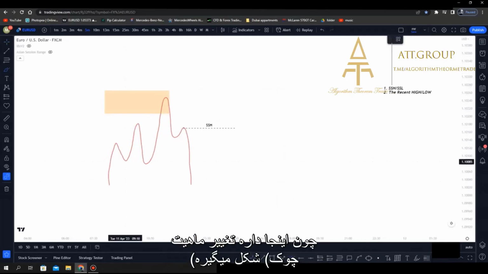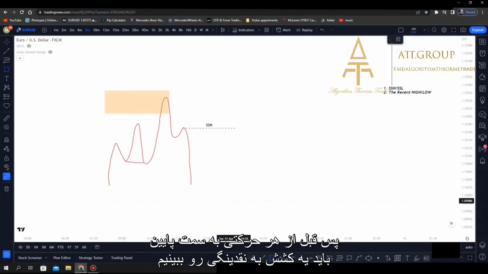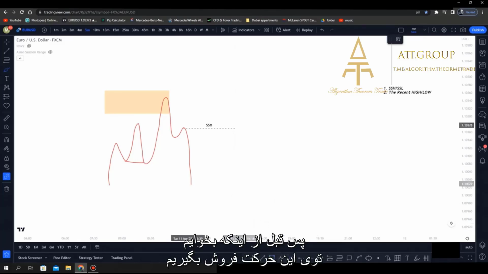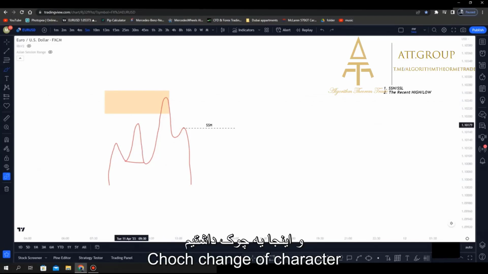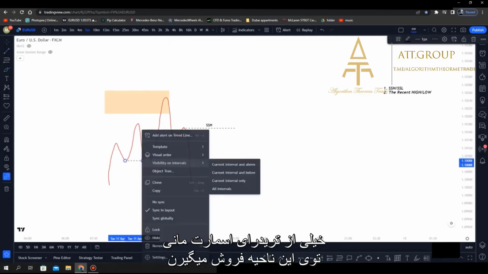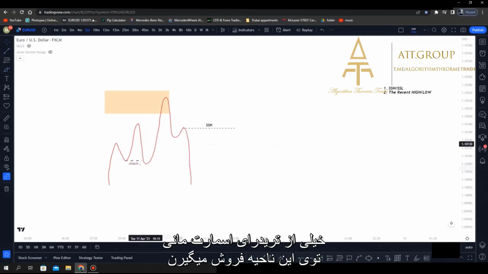What is happening right here is that we created a fake change of character. Before every move to the downside, we need to see a draw on liquidity. Before we start to sell, we need to see someone getting trapped, and this was the change of character right here. A lot of smart money traders will be selling from this point.